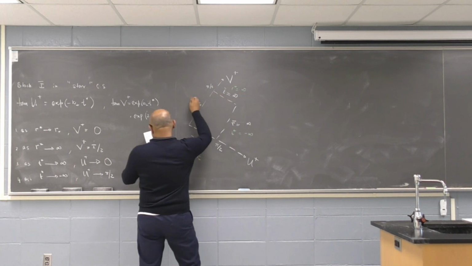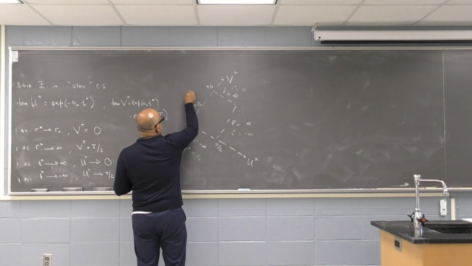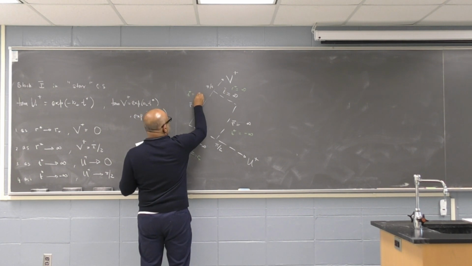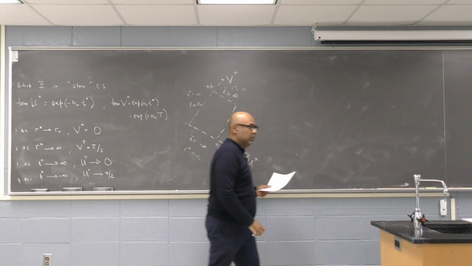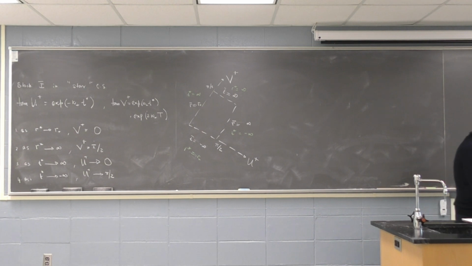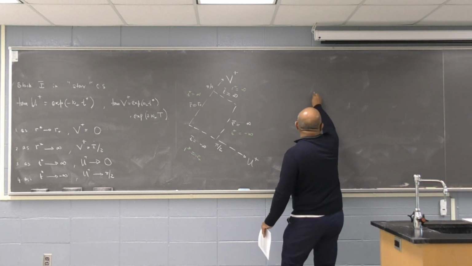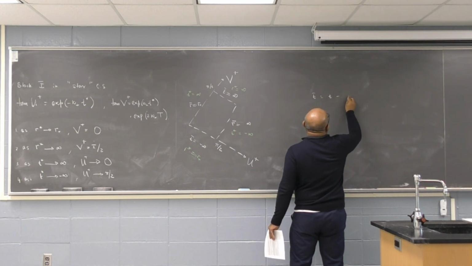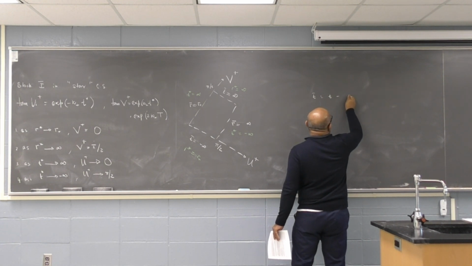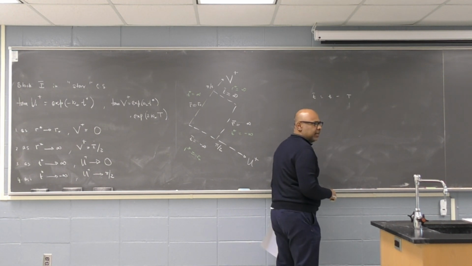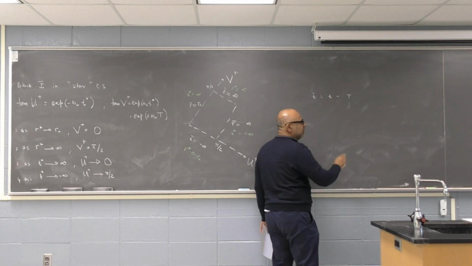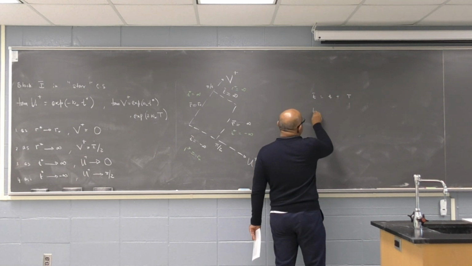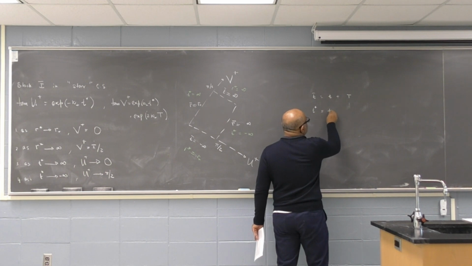We'll check 1 or 2. Oh, so yeah, remember t bar equals t minus, what is it? T, correct? Or plus? Plus. T star is t minus t.